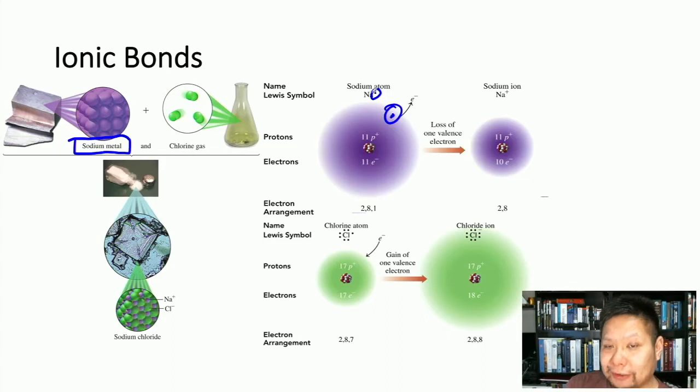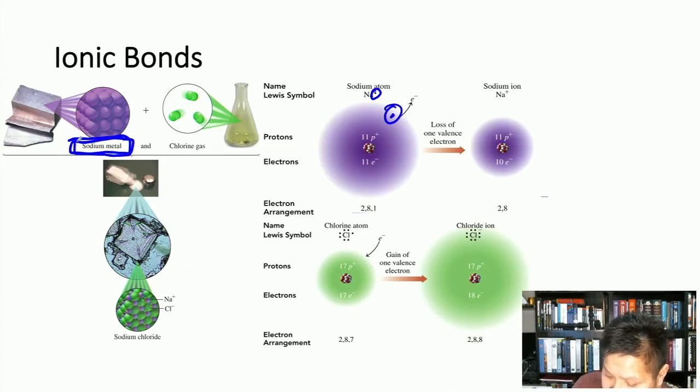The first shell only has 2 electron spots, so technically helium has a full outer shell. So it's more important for an atom to have a full outer shell than to be neutral. In the case of sodium, it's got that extra electron hanging around, and it needs to go somewhere.